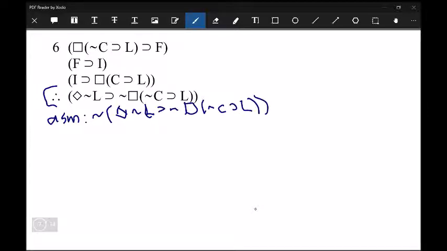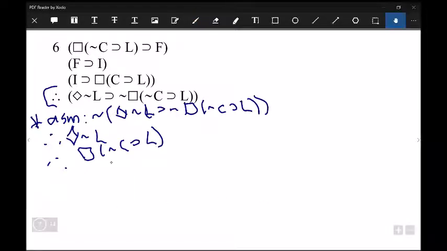So false if then, therefore first part true, second part false, so if necessary, if not C, then L. Okay, but then this one matches the if part in the first premise.